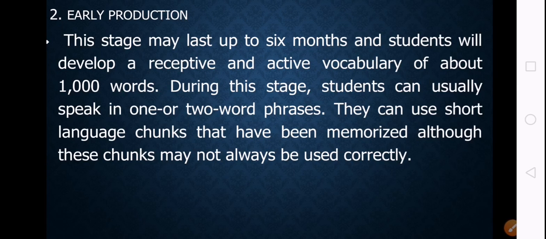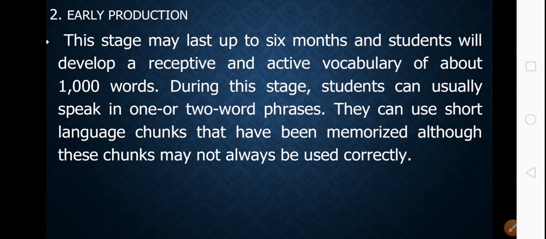The second one is the early production. This stage may last up to 6 months, and students will develop a receptive and active vocabulary of about 1,000 words. During this stage, students can usually speak in one or two word phrases like ma, pa.